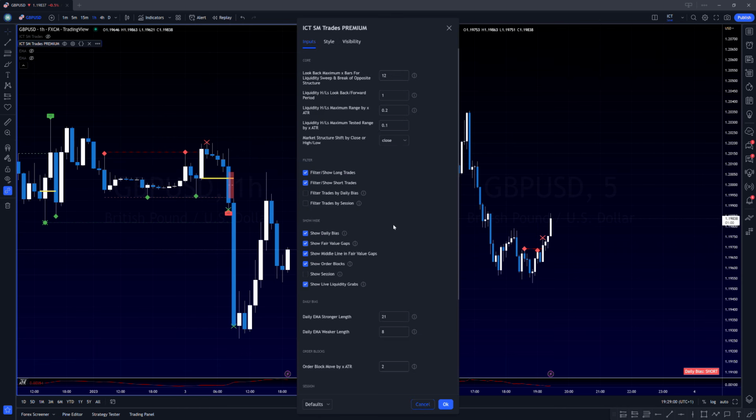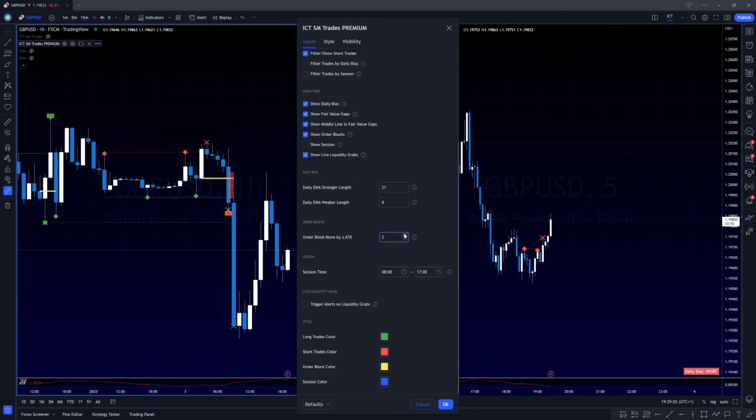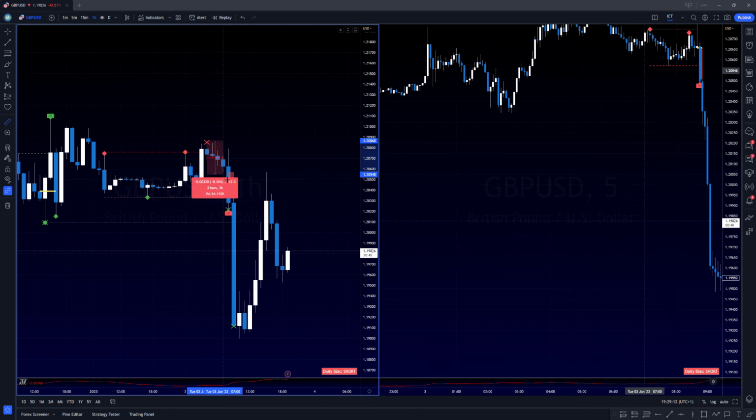So if I set it to, for example, 4 ATR, it should not be printed because this should not be 4 ATR from here to here.